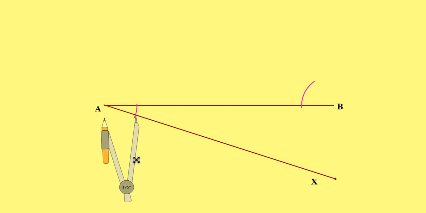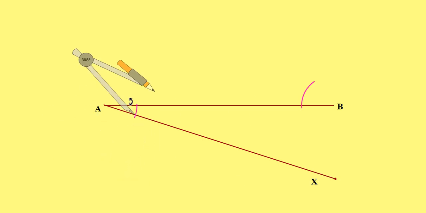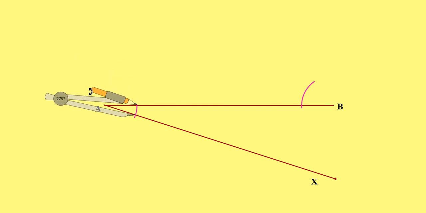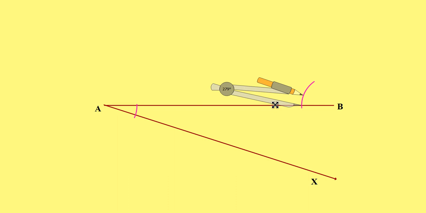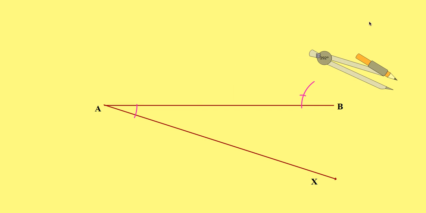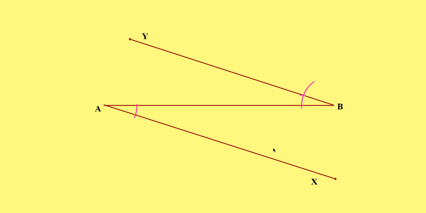Now measure the length of this arc, with the same radius, with this intersecting point as center, cut the previous arc. Now join that intersecting point and B. Here AX is parallel to BY.